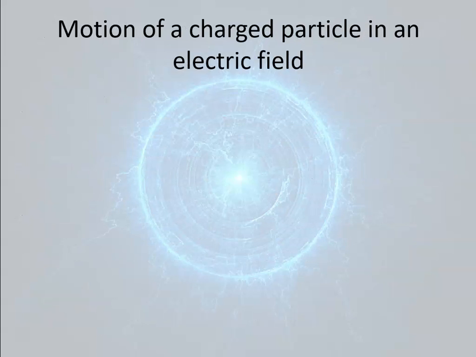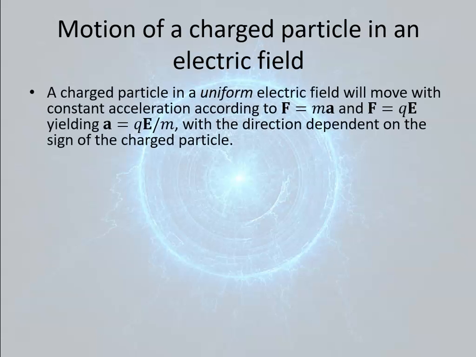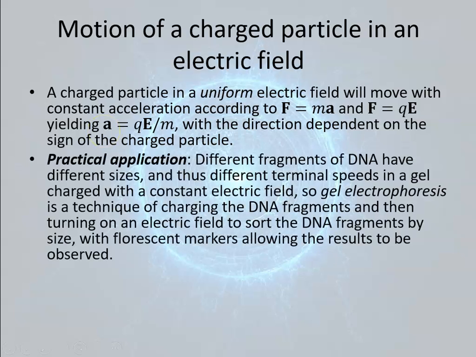Now what about the motion of a charged particle in an electric field? A charged particle in a uniform electric field will move with constant acceleration, because a uniform electric field means a uniform force, so F equals QE, and since F equals MA, the acceleration will just be QE over M. A practical application of this is that different fragments of DNA have different sizes, and so they will have different terminal velocities in a gel that has a constant electric field.